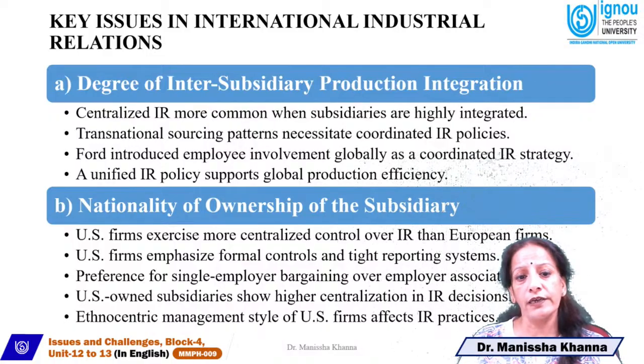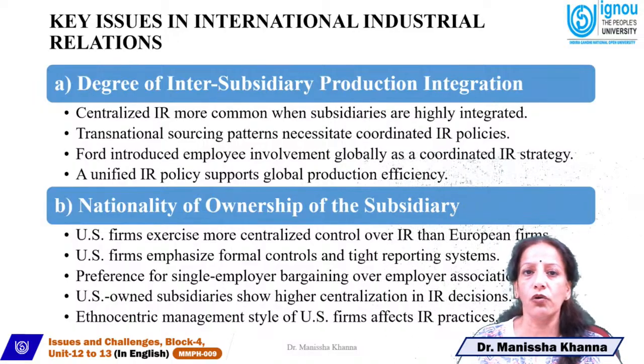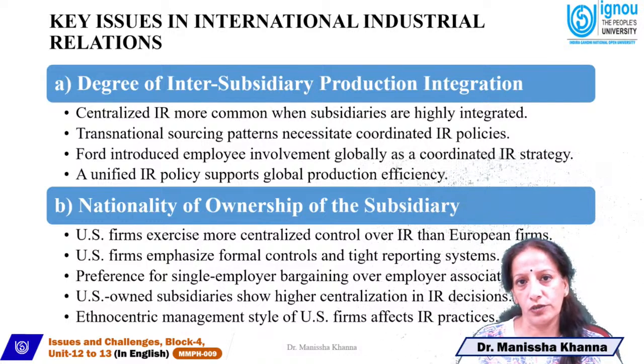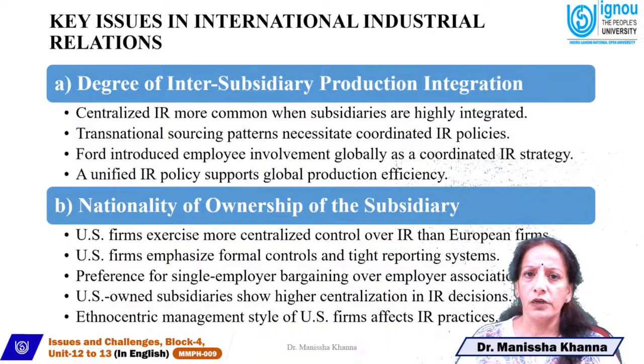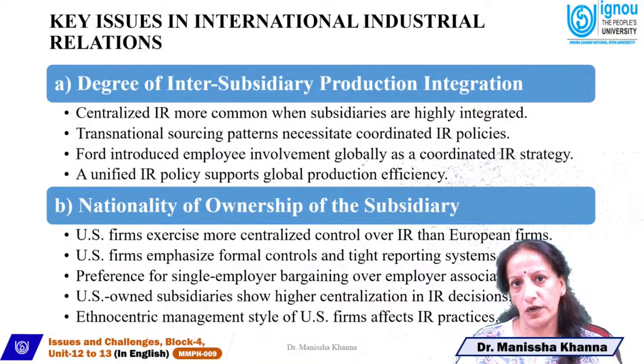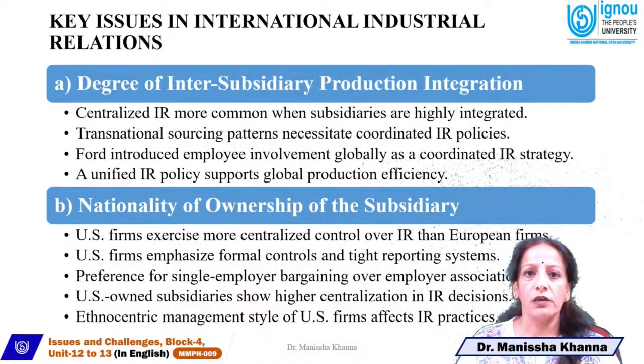A unified IR strategy, the policies supported global production efficiency. So Ford has implemented global IR policies and strategies for all its subsidiaries to integrate the production targets, so every subsidiary follows the same strategy or policy.